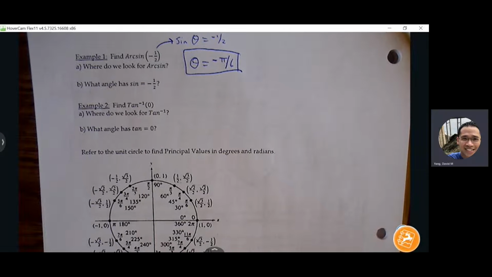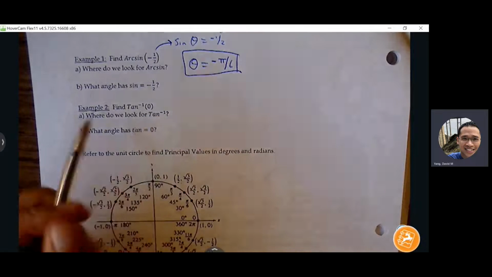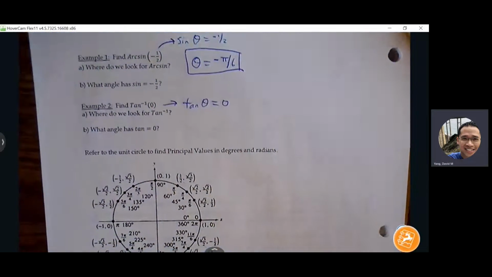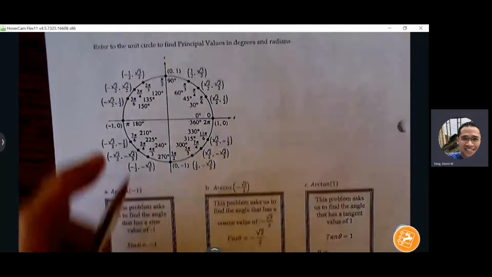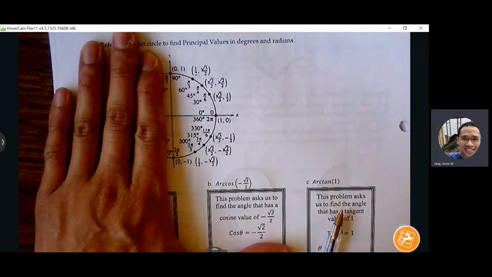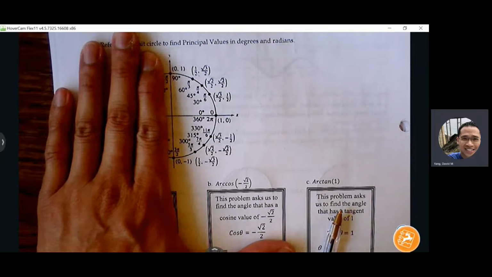Okay. Example 2, find inverse tangent of 0. So in other words, it's asking when is tangent of theta equal to 0? Tangent, again, we're restricting ourselves to just the first and fourth quadrant. Where do you see tangent equal to 0?